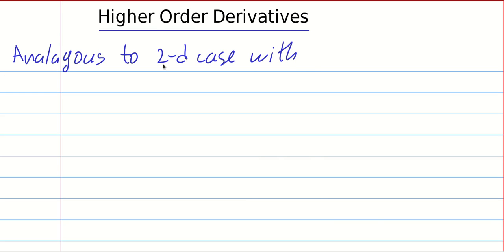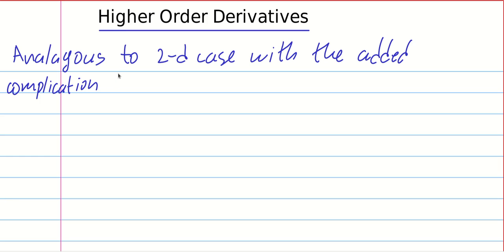Second, third order, but there is a little bit of a problem here with 3D space. So it's similar to the 2D case with some complications, right? So what are the complications that we have here?